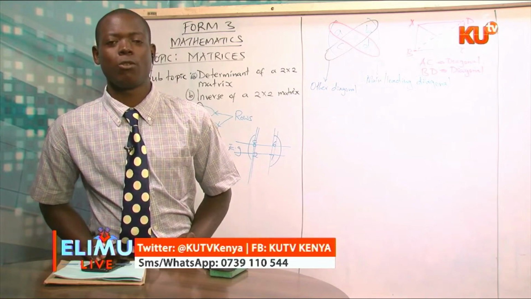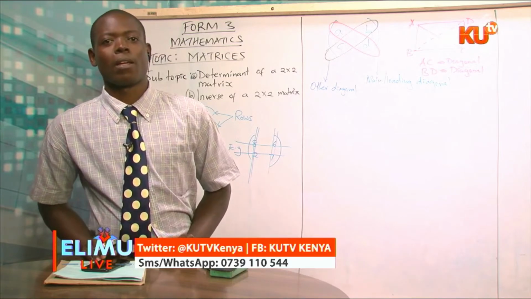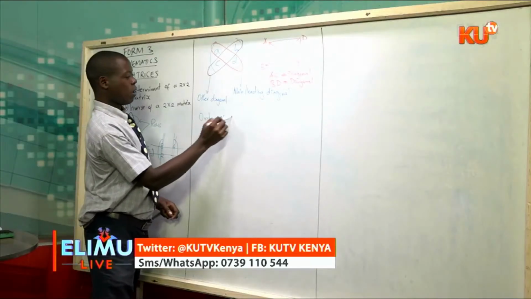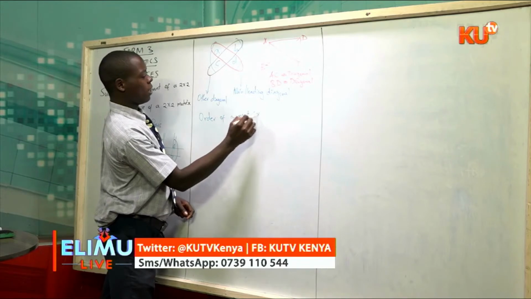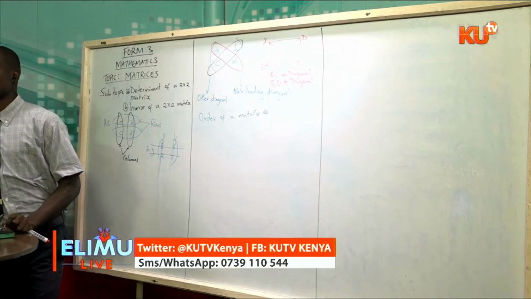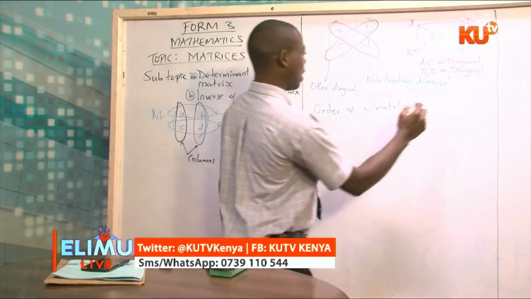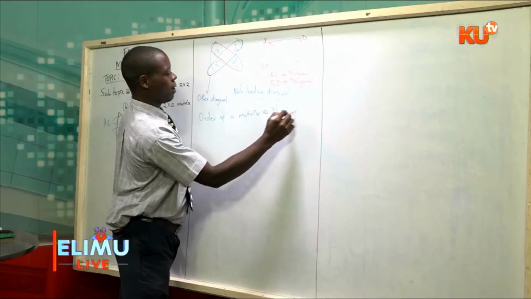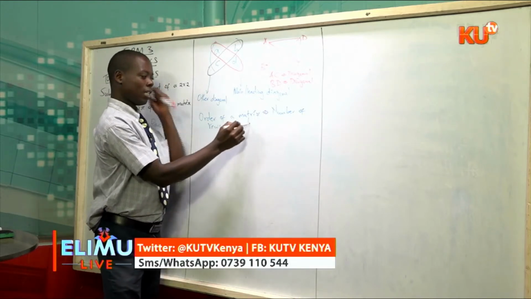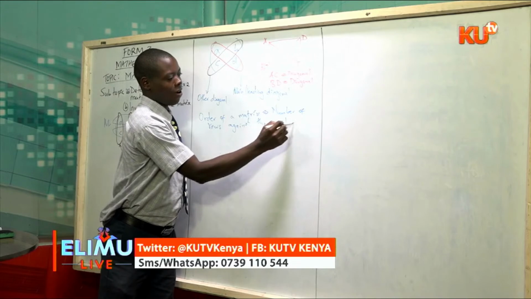Again, students, do you understand what we mean by the order of a matrix? When we are talking about the order of a matrix, we are simply looking at the number of rows against the number of columns.